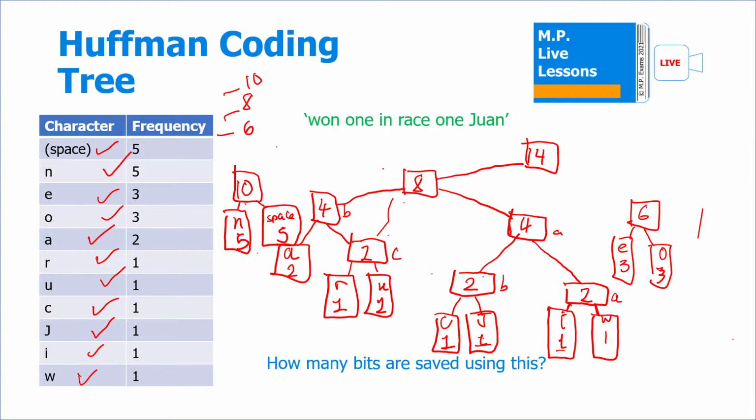Branch this, and then combines ultimately to a 10, which gets you 24 characters. Tells you how they split.